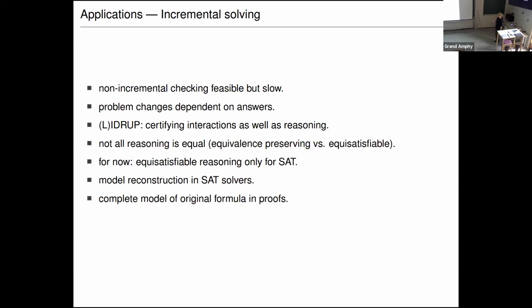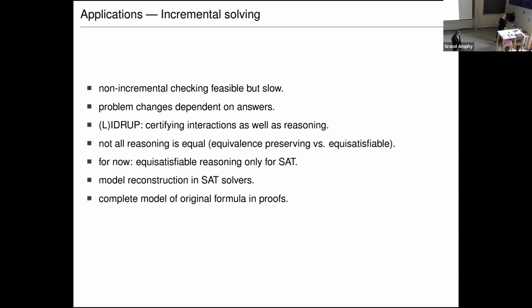So we have equisatisfiable reasoning for incremental solving, and this is handled by model reconstruction in the solver right now. We can also move it to the proof if we're clever. VeryPB does this somehow with check deletions, and yeah.